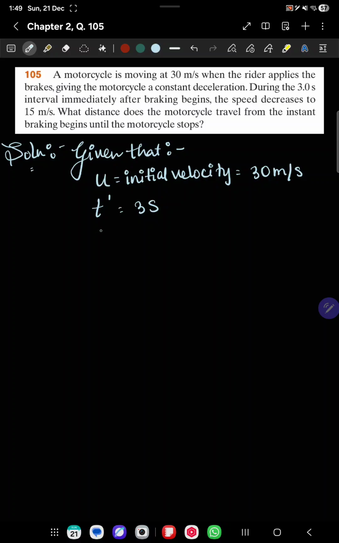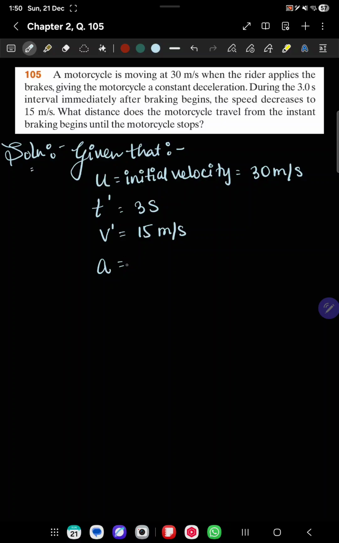And the decreased speed, write it as v dash, is 15 meter per second. So using all these three things we can find out the acceleration, which will be constant in nature.